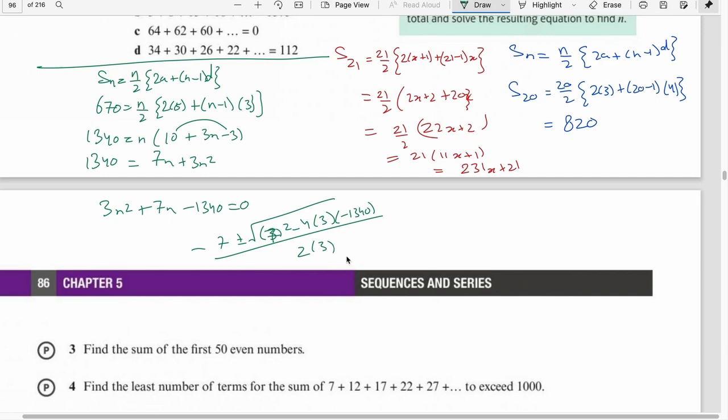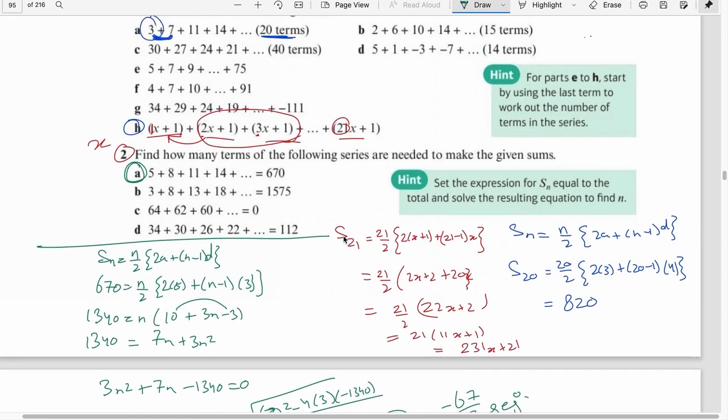Minus 7 plus square root of b square minus 4 into a into c, over 2 into 3. So I'm getting the first value, which is 20 with a positive sign, and when we plug in the negative sign, I'm getting negative 67 by 3, which is rejected because the number of terms cannot be negative. So we need the first 20 terms to get a sum of 670.